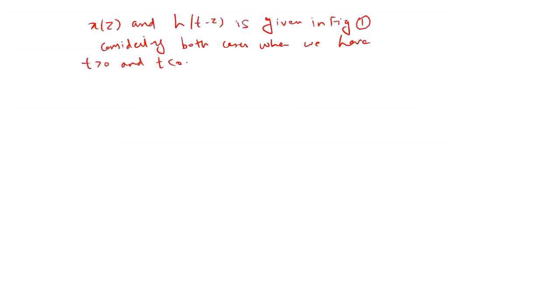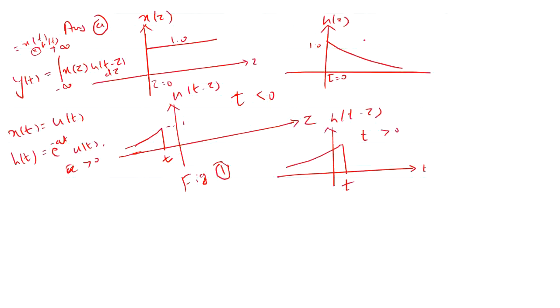Now, in figure 1, if we consider t less than 0 and multiply x(tau) with h(t minus tau), what should be the result?